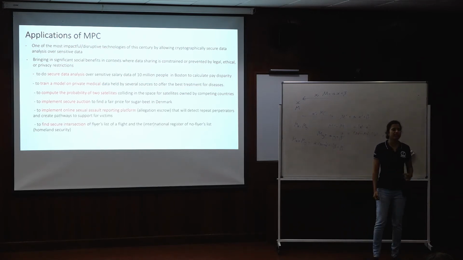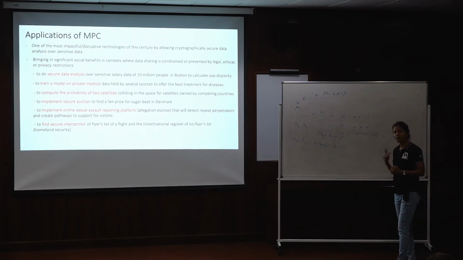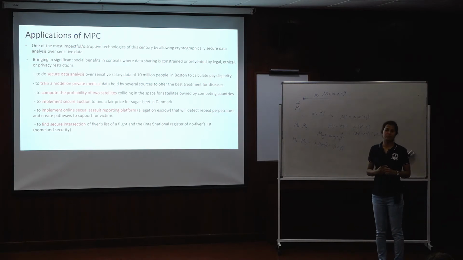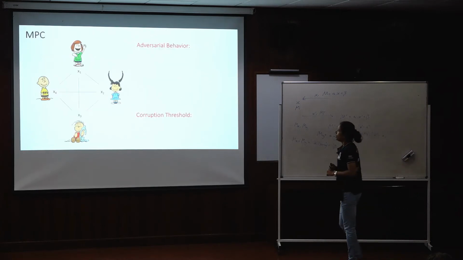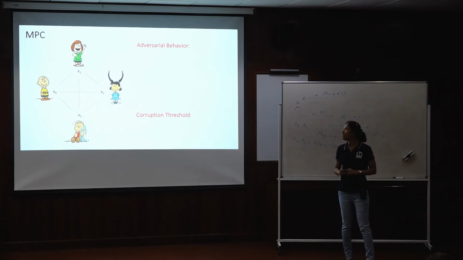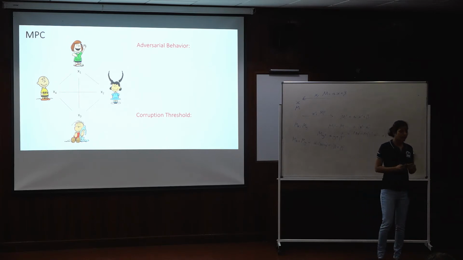And the list continues. There are many other applications, and it is really on the go, and there are several companies that are building MPC solutions these days. Now, traditionally MPC has been studied under different adversarial behavior and corruption thresholds.